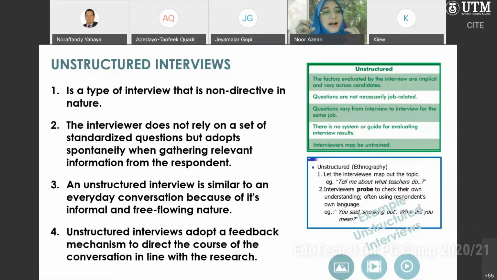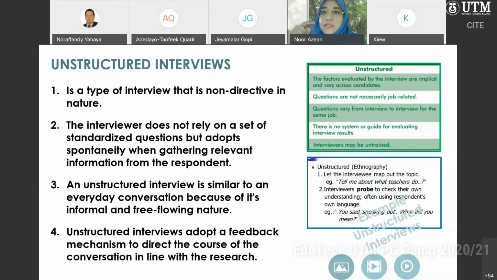You get more details, with unexpected answers from them, because the respondent guides us and brings us to something that we didn't know had happened. An unstructured interview adopts a feedback mechanism to direct the course of the conversation in line with the research.